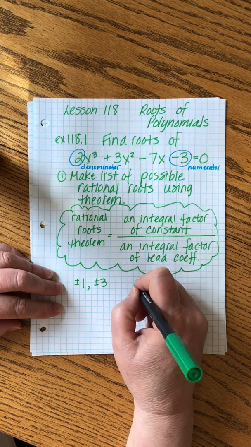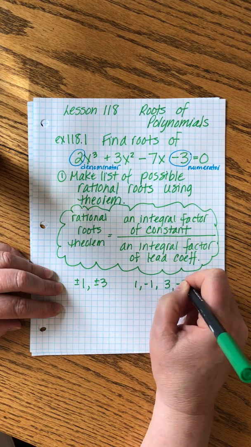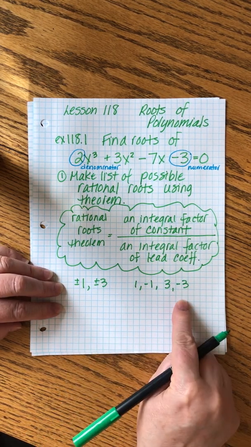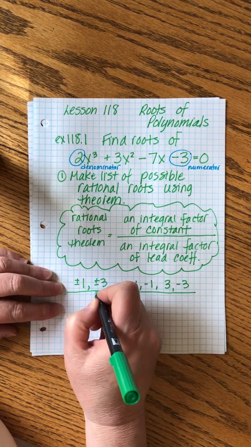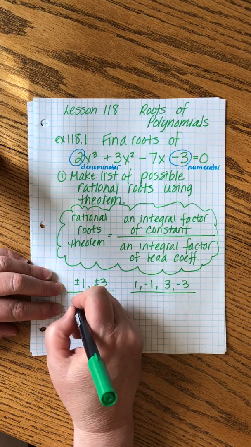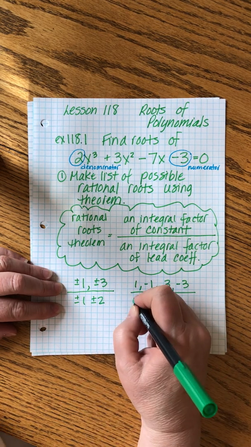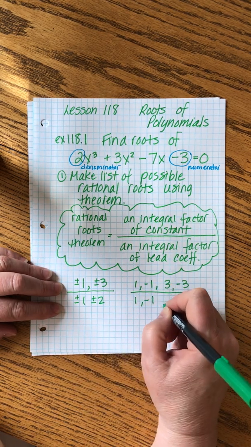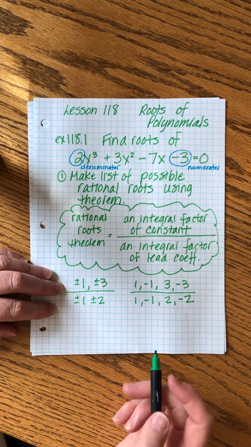If it helps you, we can write this out as 1, minus 1, 3, minus 3. Whichever helps your brain work better. The denominator, it's just going to be 2 and 1, right? So plus or minus 1, plus or minus 2. And again, that will be 1, minus 1, 2, minus 2.